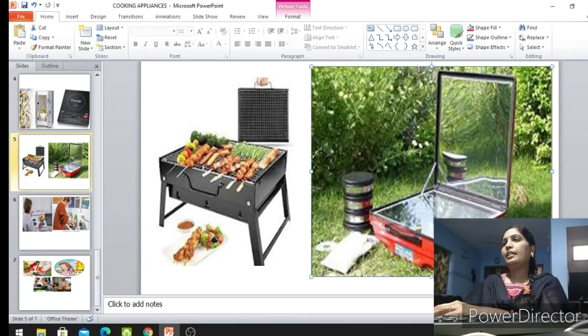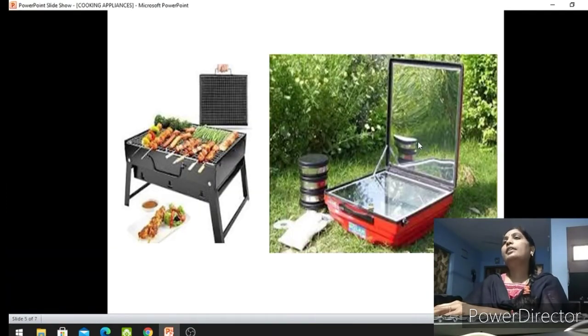And the other appliance is the solar cooker. So this solar cooker needs no electricity, and no gas like what we use to cook food items on the gas stove.